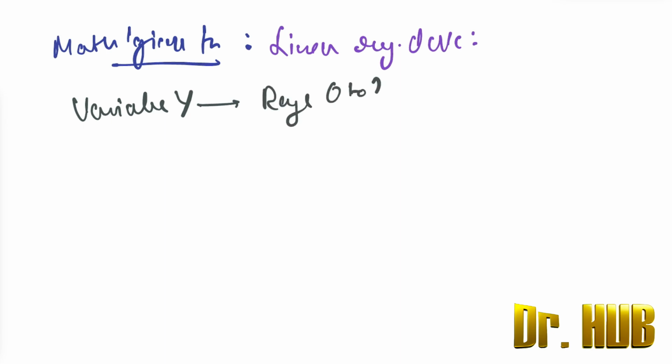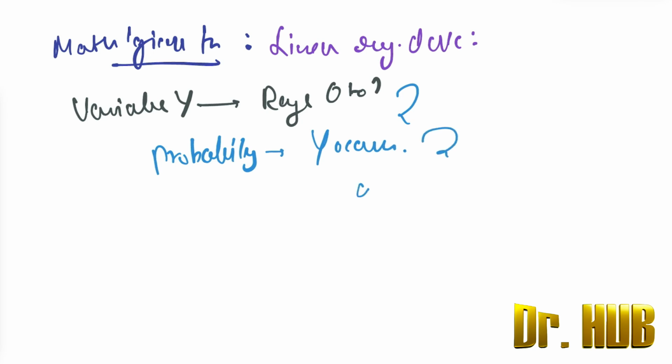This gives us the probability of y occurring for the given values of variable x.